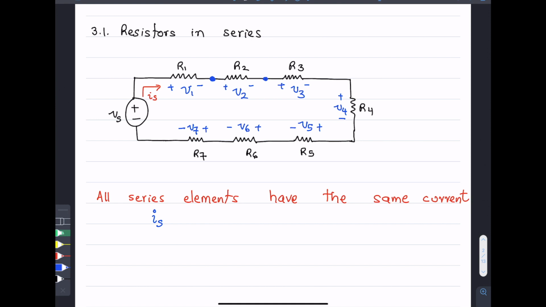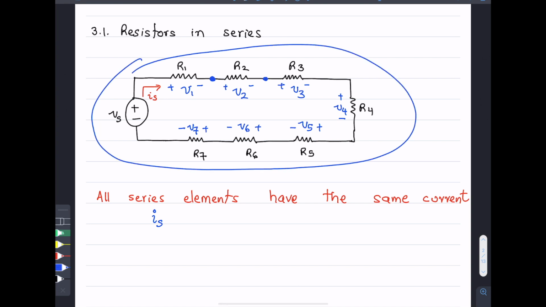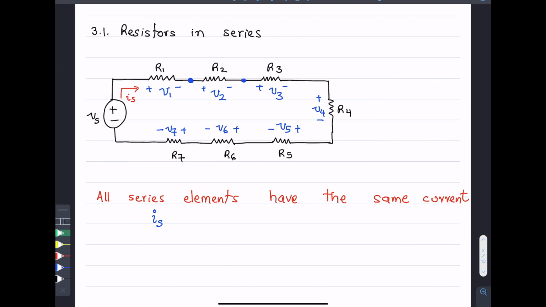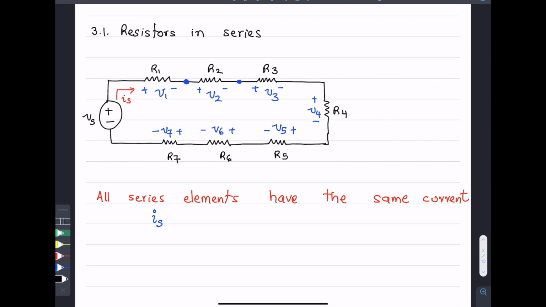So when you look at this series connection of resistors, you're going to see that this is simply equivalent to one voltage source connected to one resistance R equivalent.